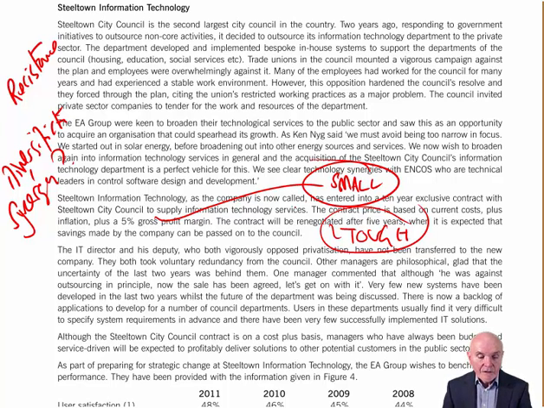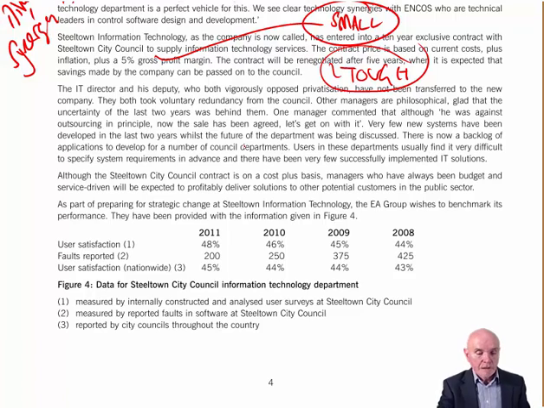systems. Users of these departments usually find it very difficult to specify system requirements in advance, and there have been very few successfully implemented IT solutions. Maybe some more problems.